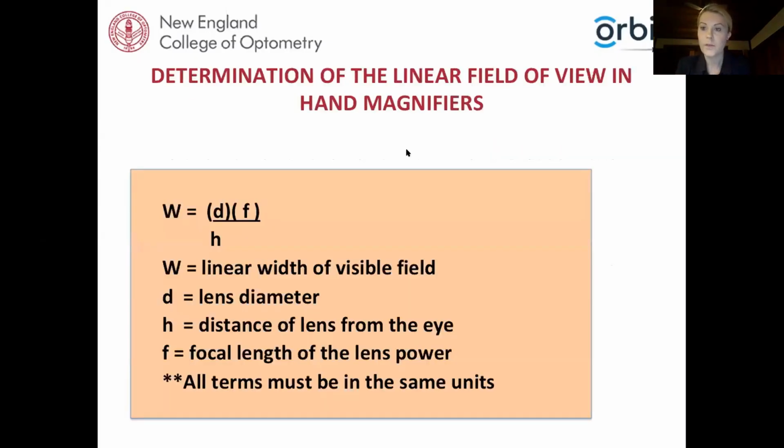And so this is the formula that we use to determine the linear field of view of a hand magnifier. So the linear field of view is related to the lens diameter, the focal length of the lens power of the hand magnifier, divided by the distance that that hand magnifier is from the eye and the spectacle plane.